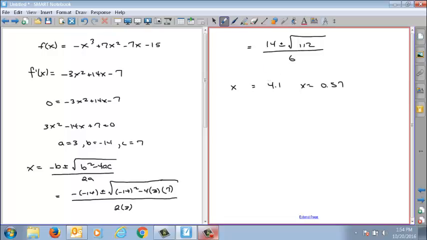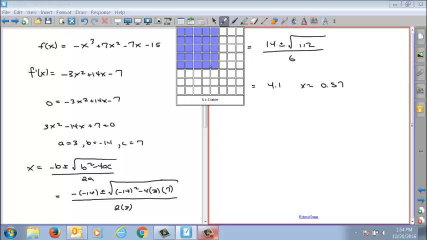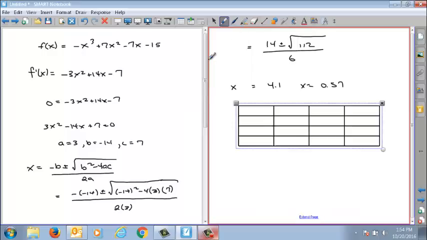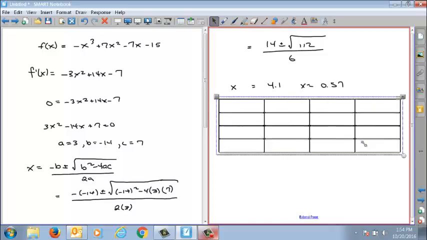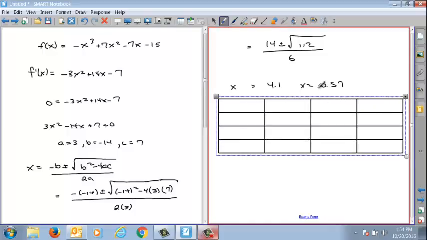So now we're going to create this table, and it's going to be 4 by 4. For these first derivative test problems, we always have 2 extra columns than the number of critical numbers.